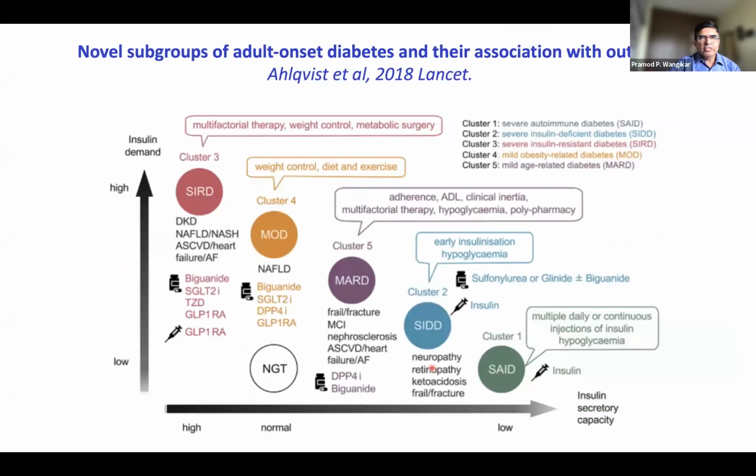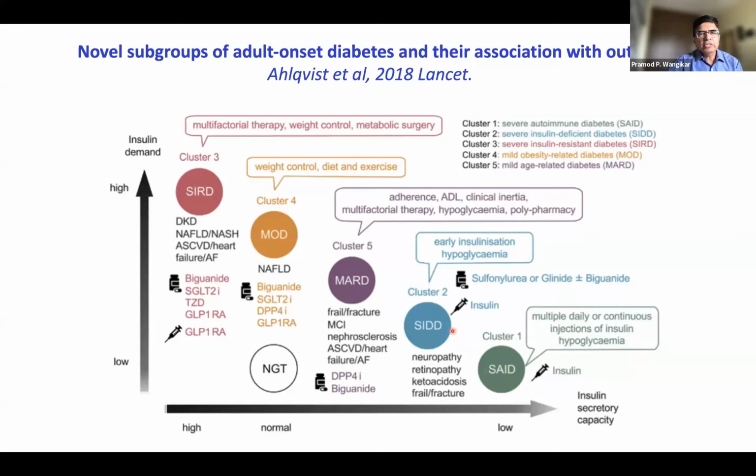Obviously, as a commoner, we know that diabetes is one disease. And of course, those who are more aware know that there is type 1 diabetes and type 2 diabetes. But recent literature shows that there may be different types of diabetes. Cluster 1 is more what we commonly know as type 1 diabetes, whereas clusters 2 to 5 are what we now know as type 2 diabetes.